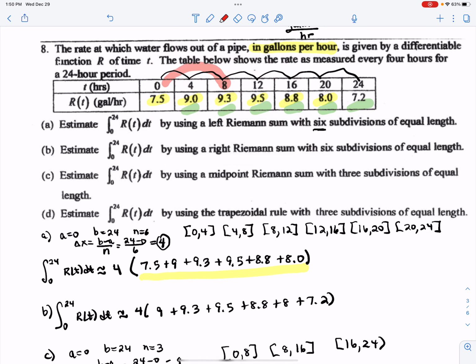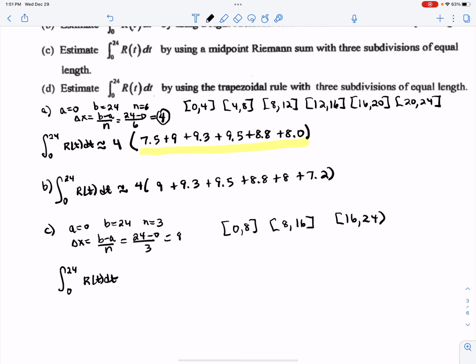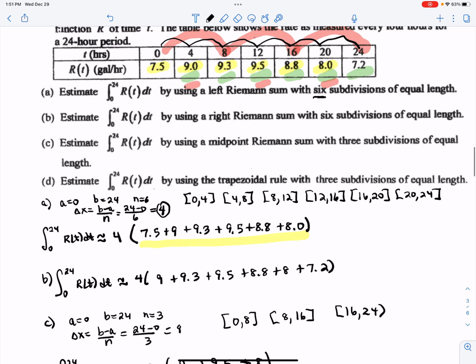So the y values we pick in these subintervals would be the ones in the middle, right? Whatever that middle y value is. So our approximation is eight times 9 plus 9.5 plus 8, because these are the y values in the middle.